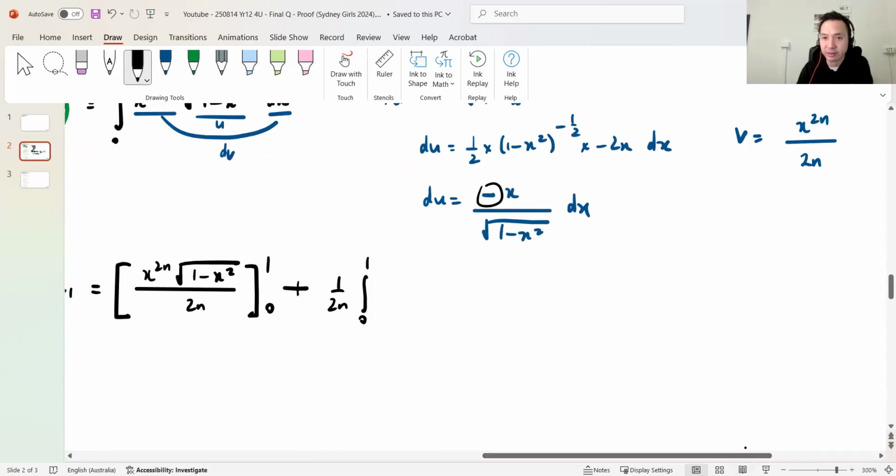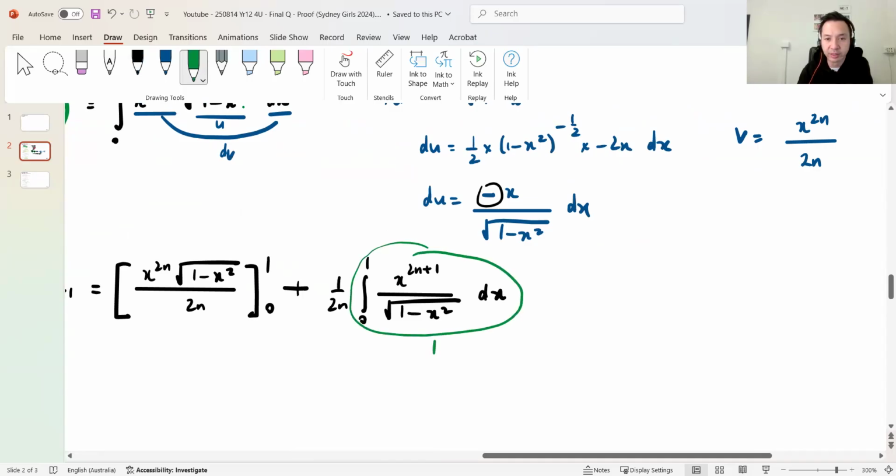This guy times this guy. Now the top there would be x^(2n+1). Bottom, 1 minus x squared. And when you see it, that there is the same as I_(2n+1). Perfect. And also this guy here, the limit goes away, right? 0, because when you sub 1 in, it's 0. When you sub 0 in, 0.